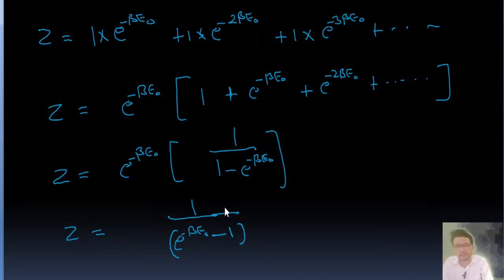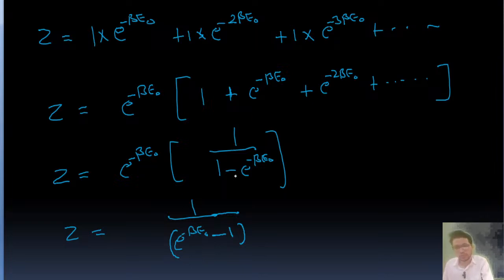Okay, so this is the one. This is e to the power minus beta E naught, or we can write this as 1 upon e to the power beta E naught, right?